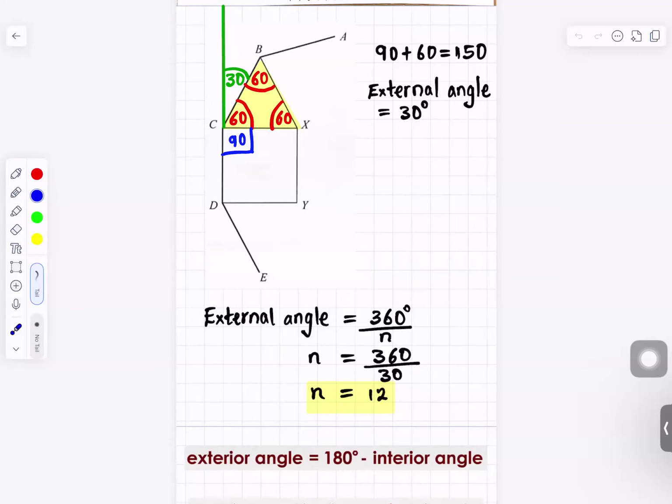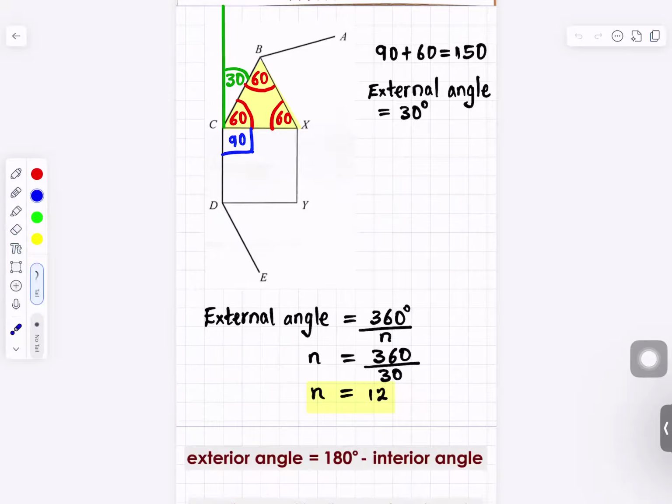So for the equilateral triangle, all 3 angles are the same: 60, 60, 60. For the square, every corner is 90, 90, 90, 90. So you add 60 plus 90, which gives you 150.